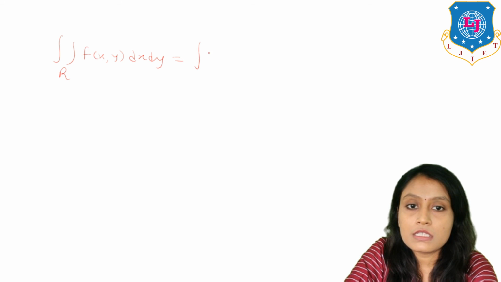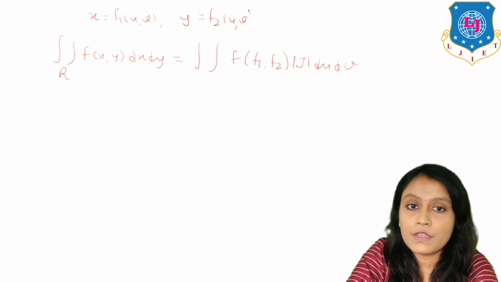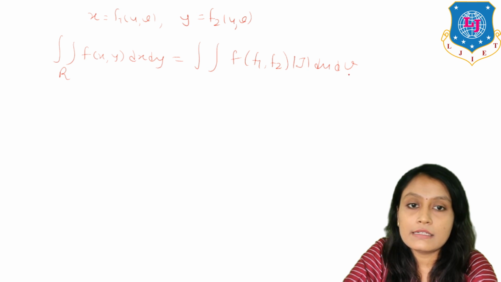So in today's session what we have studied is that we have given the integration over R of f(x, y) dx dy. We will write this in the form of f(u, v) and |J| du dv. Here x and y are given in terms of u and v.